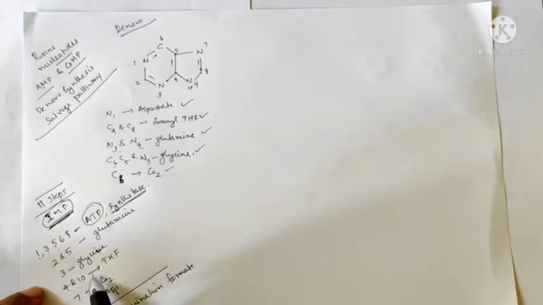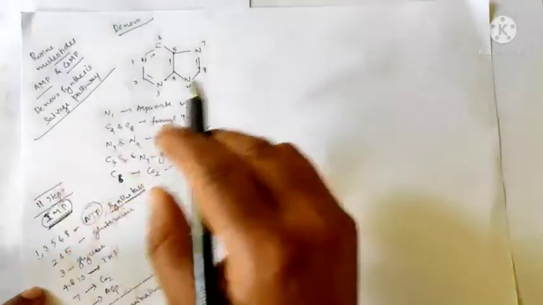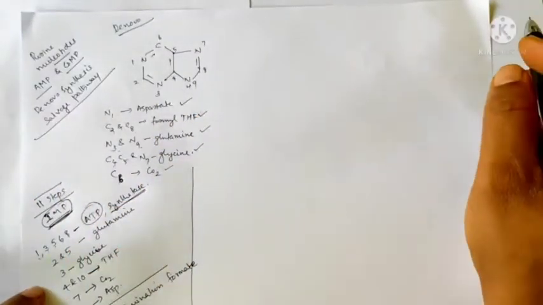The fourth and 10th require tetrahydrofolate. The seventh requires carbon dioxide, the eighth requires aspartate. In the ninth step formate is eliminated, and in the 11th step water is eliminated. If you remember this much, it will be easy to study de novo synthesis of purine nucleotides.